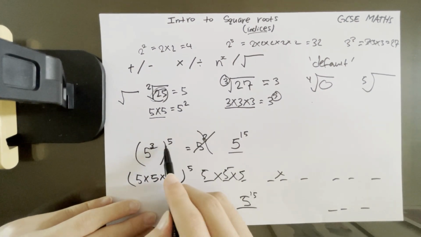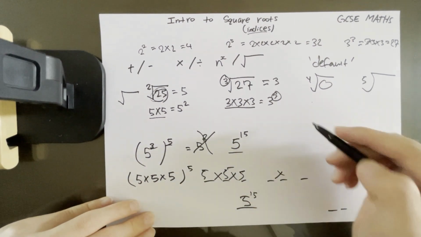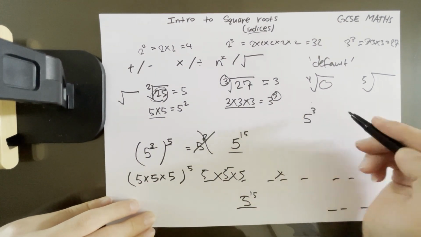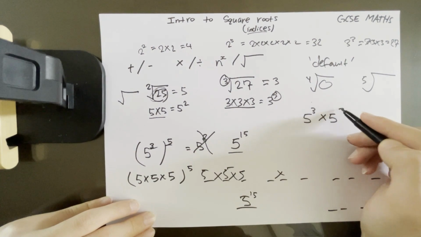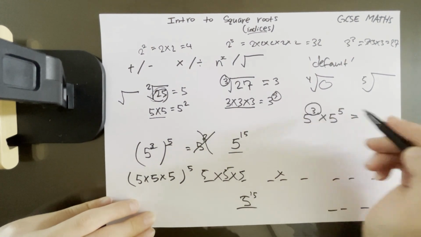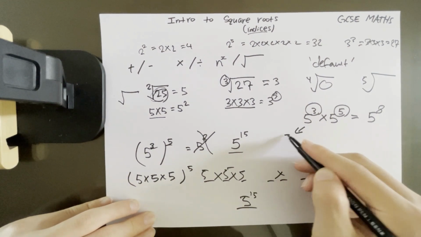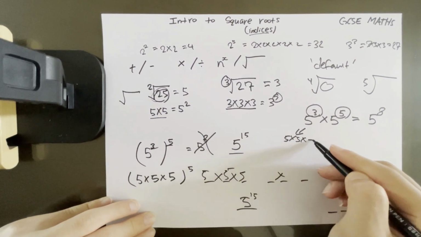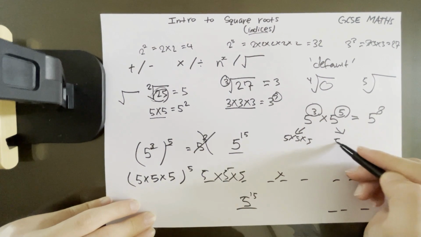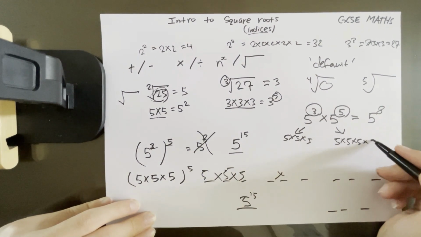You don't add these powers. Same with just normal multiplication of powers. 5 to the power of 3 multiplied by 5 to the power of 5. You would just add these powers. 5 to the power of 8. Why? Because this is 5 times 5 times 5, and this is 5 times 5 times 5 times 5 times 5.